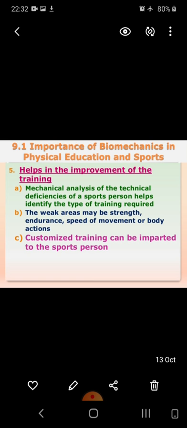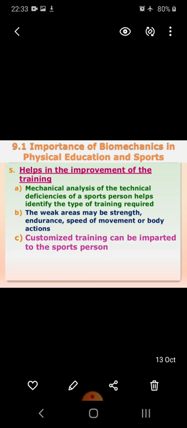Next is helps in the improvement of training. Biomechanics has the potential for bringing modifications in training which help in improving sports performance. Biomechanics can be applied in various ways.